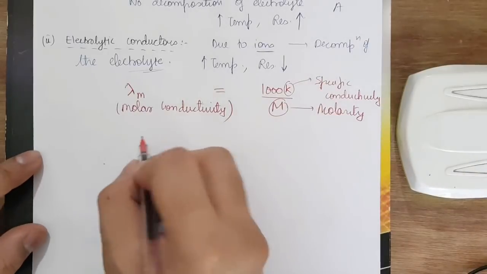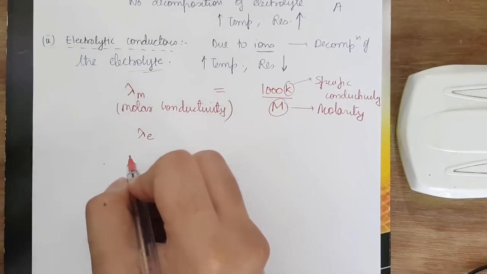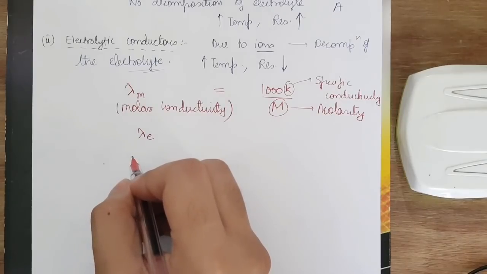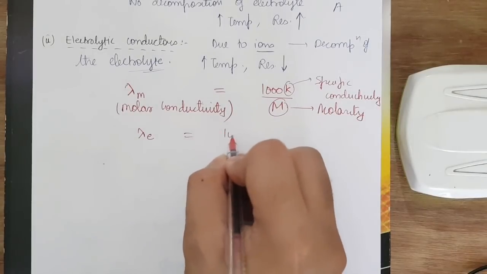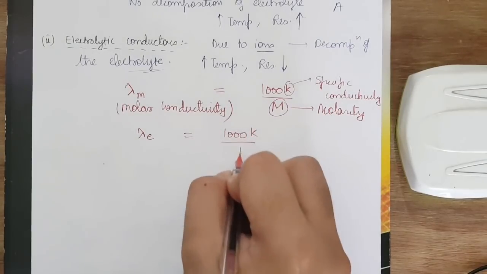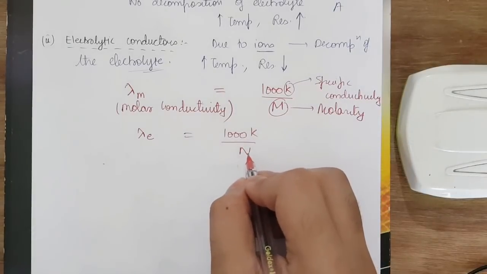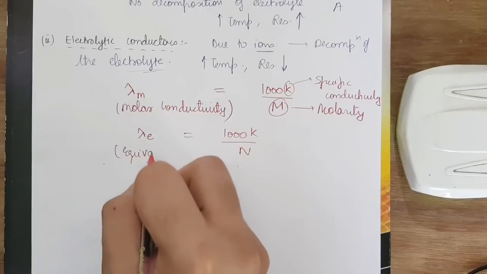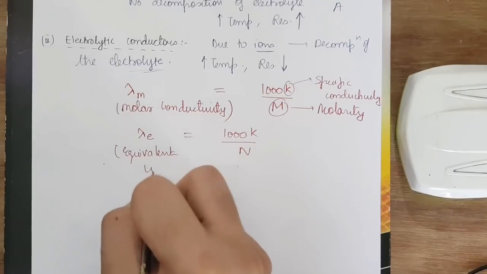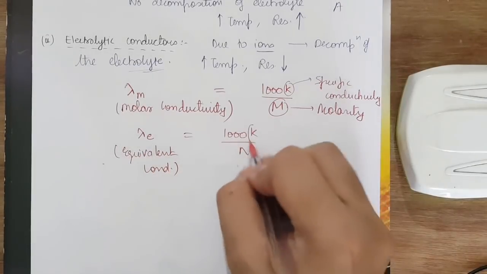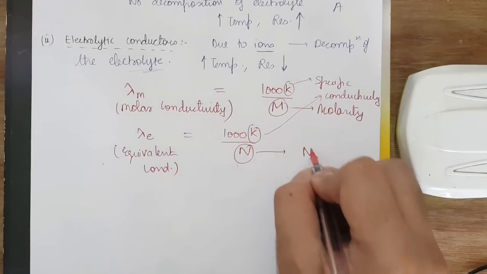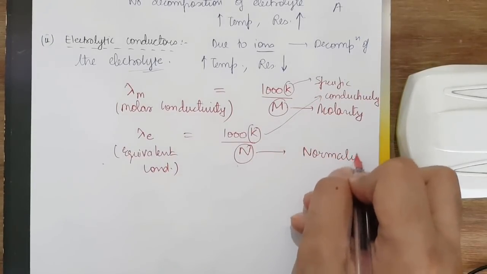Now if we take lambda e or lambda n, whatever notation you want to use, that is equal to 1000 K by N. Since we have N, that is normality here, this is known as equivalent conductivity. Once again K is the specific conductivity, and N is the normality here.